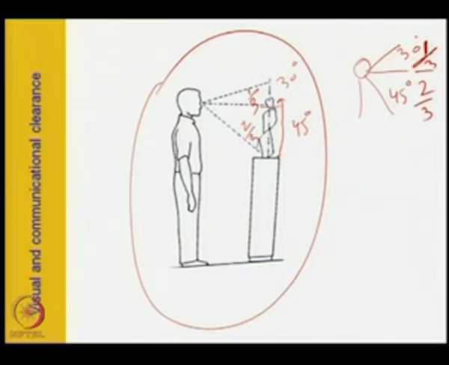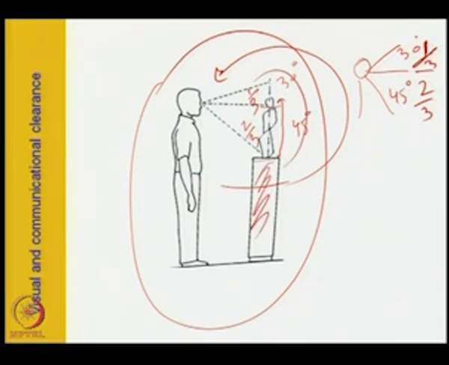So, the person can move around, get a good view and also touch. For different eye heights this may be considered, and after doing this, the stand dimension can be fixed.